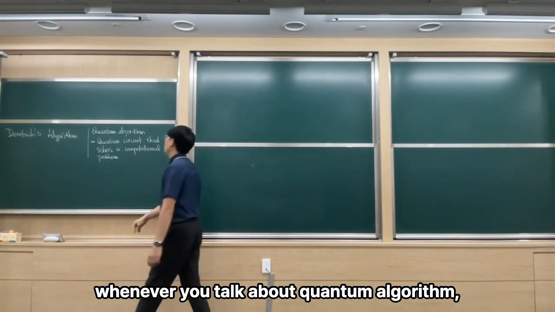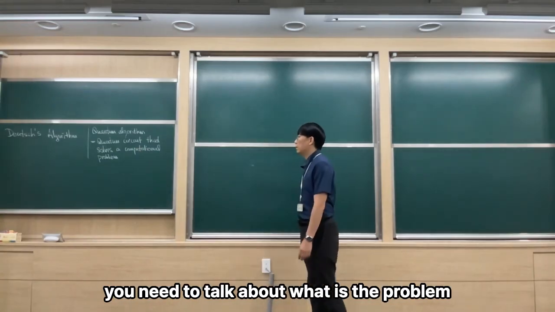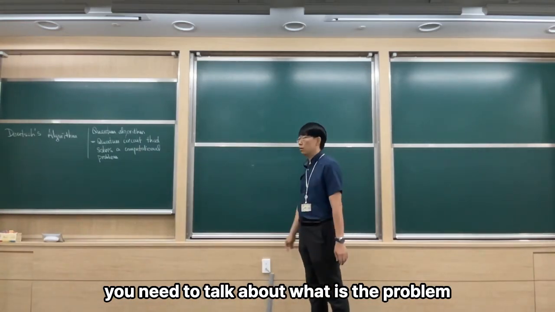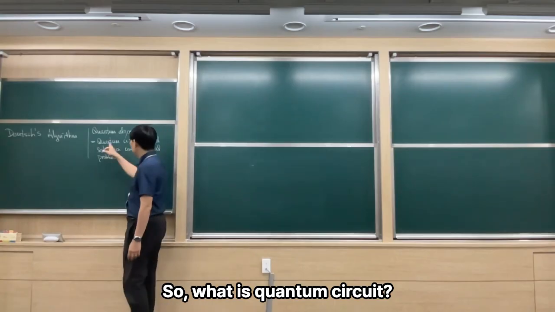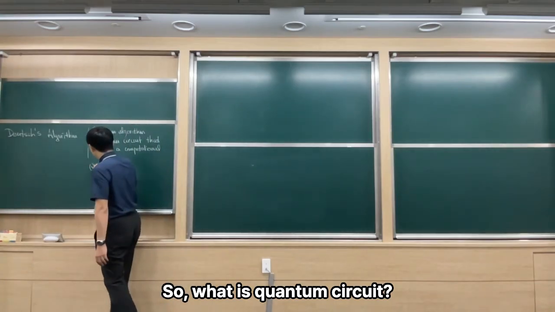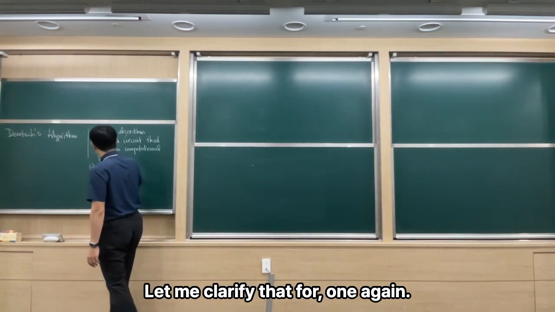So whenever you talk about a quantum algorithm, you need to talk about what is the problem and how we design a circuit. So what is a quantum circuit? Let me clarify that one again.